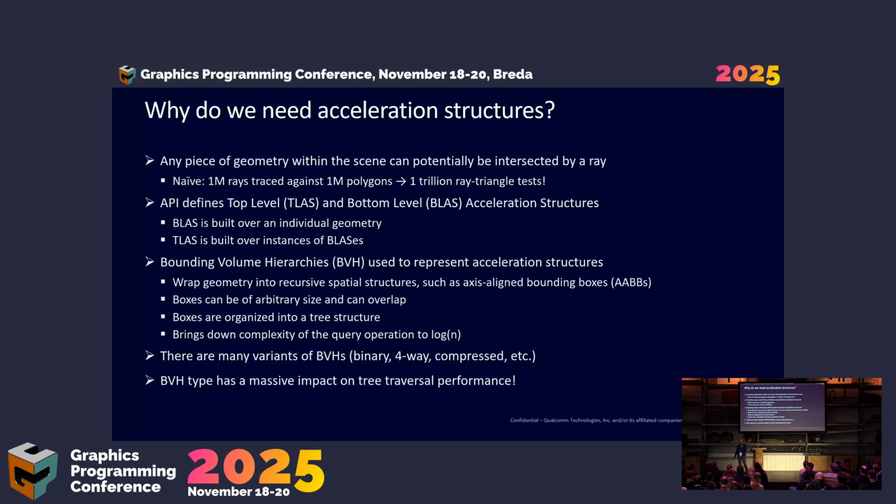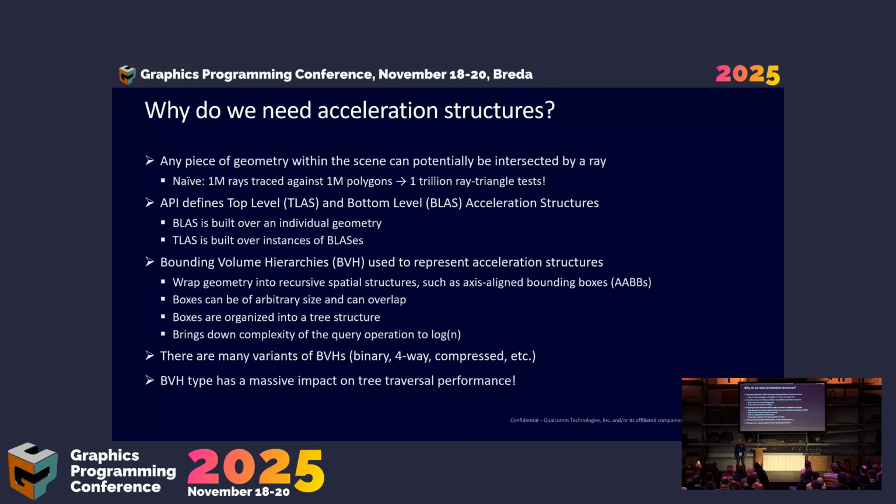Most people use bounding volume hierarchies to represent acceleration structures internally. What we do is this spatial recursive subdivision, and we create these axis-aligned boxes. They can be any size, they can overlap. We organize them into tree structures, and the whole point of this is to bring down the complexity of this traversal operation that we have to do.